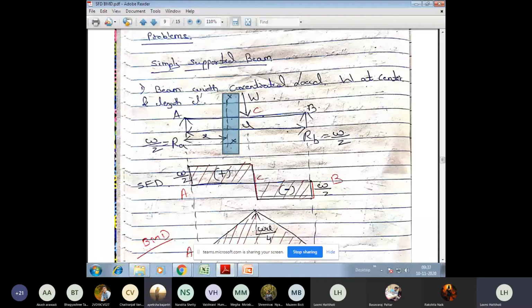So now this is my section XX. Left of the portion, I have only one force, that is RA. Now I have told you one more concept in yesterday's class. Wherever the point where you are calculating the bending moment, you should imagine that to be a fixed support. That means you can simply hold it tightly.